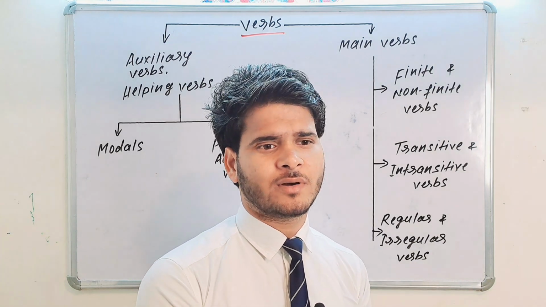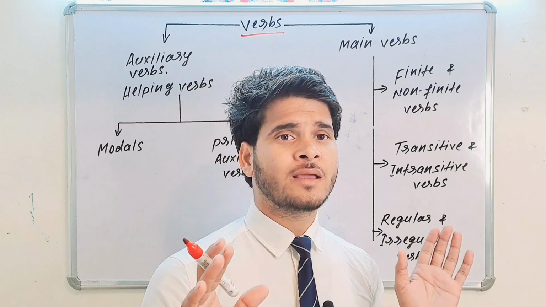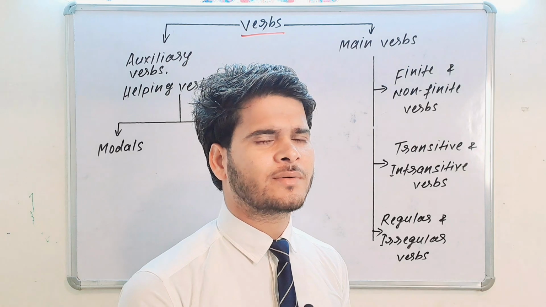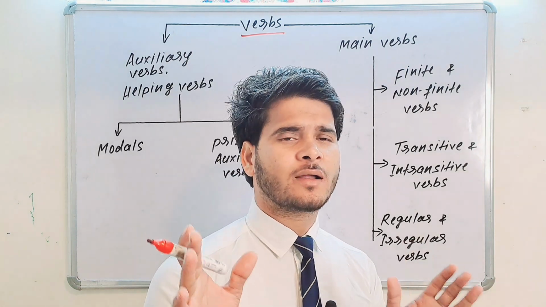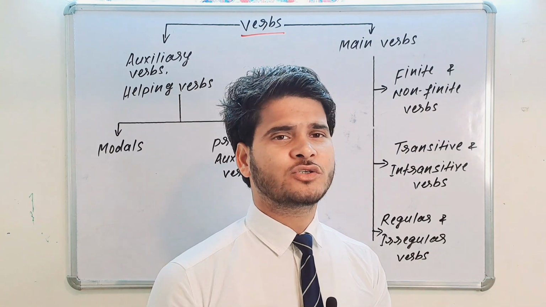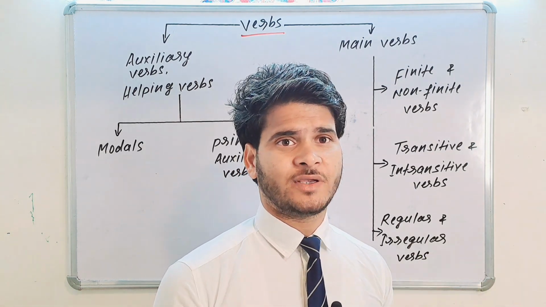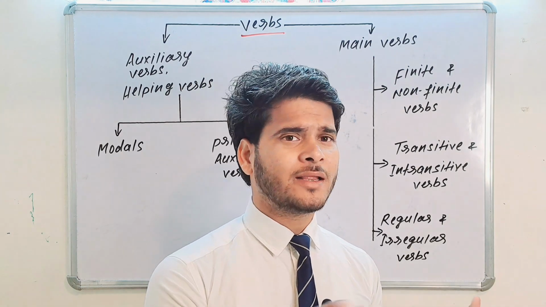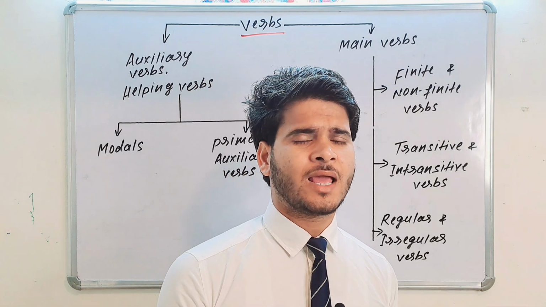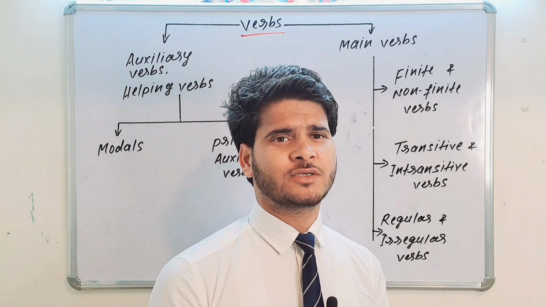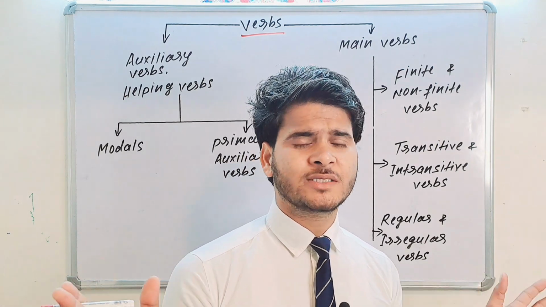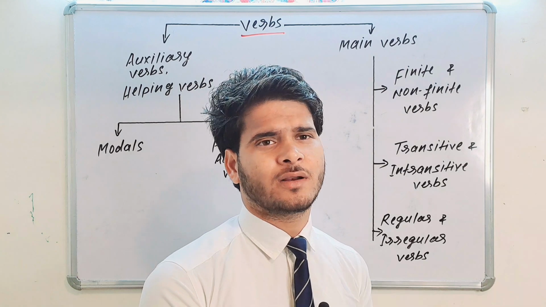Irregular verbs do not follow any fixed pattern. So got that? Regular verbs always follow a regular pattern and are converted by adding some suffix. Irregular verbs do not follow any fixed pattern and are not converted by adding any fixed suffixes. So that's the irregular verb.